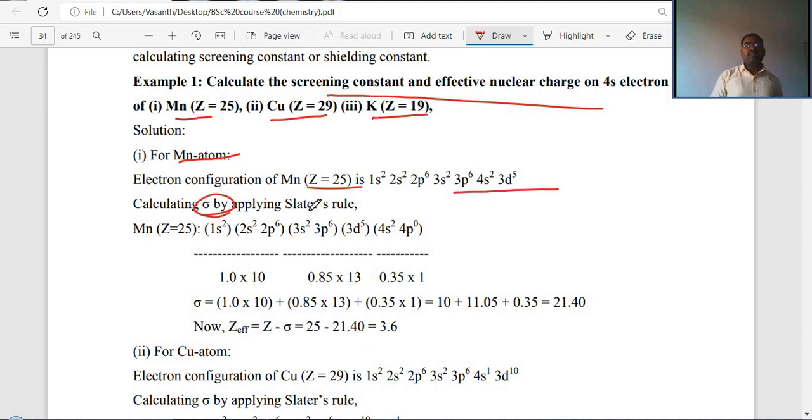Calculating sigma by applying Slater's rule, first we have to write 1s, 2s, 2p, 3s, 3p, 3d, 4s, 4p. Just consider, accommodate the electrons here. The s orbitals, p orbitals and d orbitals we have to separate here.